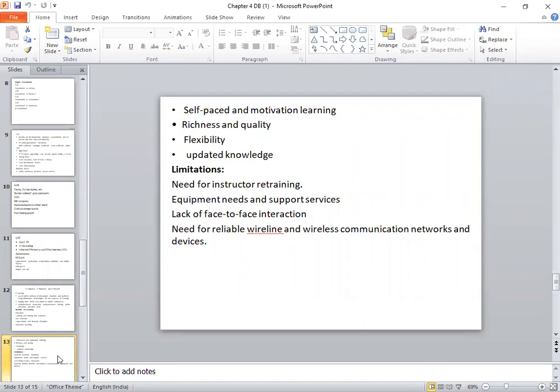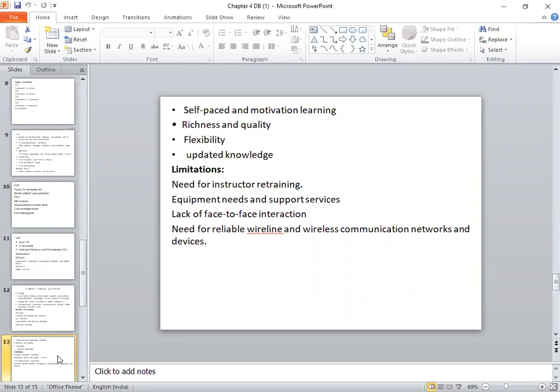Equipment needed: again, infrastructure facility is needed. Maybe you should have a smartphone, a laptop, and an internet connection. These are the limitations. Face-to-face interaction is not possible. That's why motivation is important. If there is a problem, the student should ask the instructors that I have not understood this.